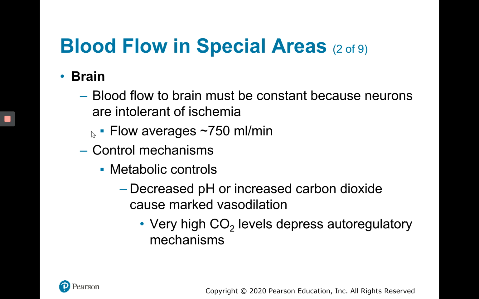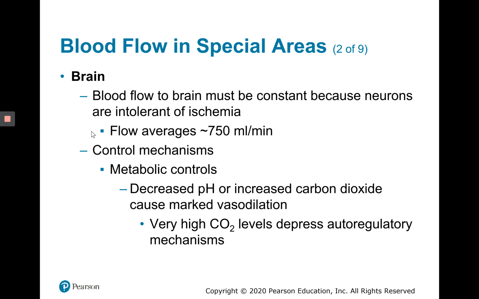Next, let's look at the brain. Blood flow to the brain must be constant because neurons are intolerant of ischemia. I read that verbatim because it's an important fact. Neurons are very intolerant of becoming ischemic, or lacking oxygen, not being able to use oxygen in order to create ATP.